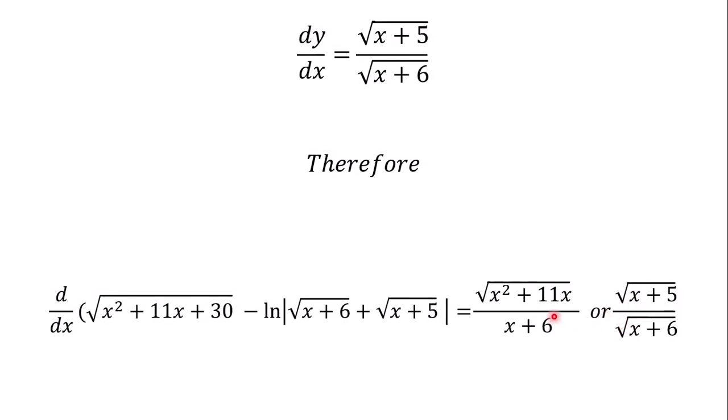Don't leave your answer in both. Just choose one, either this one or this. But I prefer you leave your answer in the rationalized form, this one here, because of what I said, I wanted to prove that you will definitely get it back. Okay.